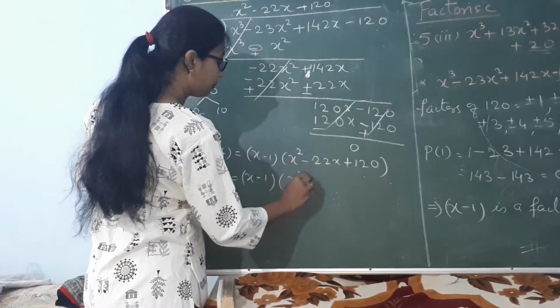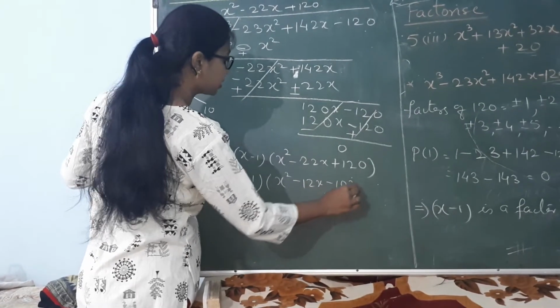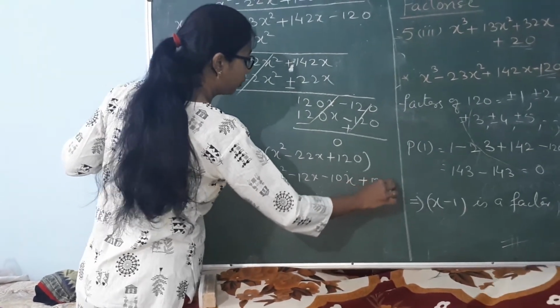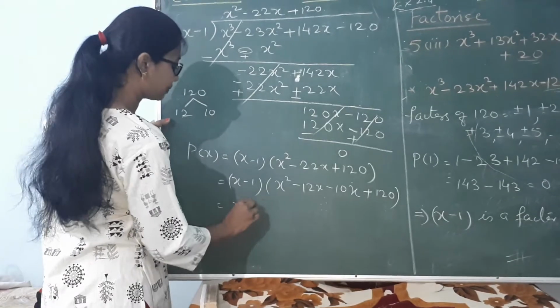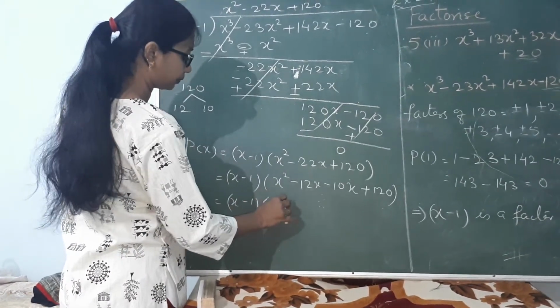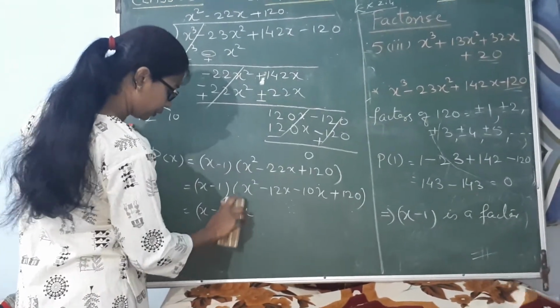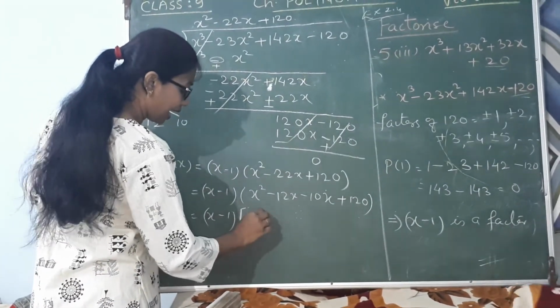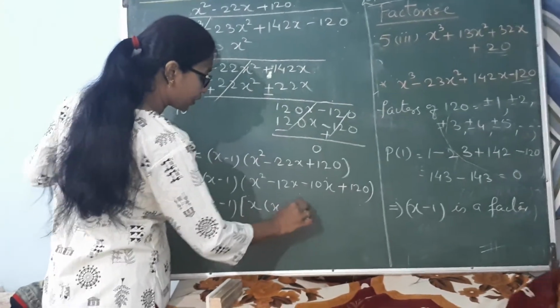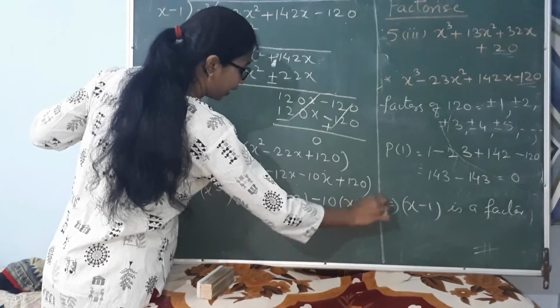x square minus 12x minus 10x plus 120. x minus 1, x is common. Put another bracket. x is common, x minus 12, minus 10 is common, x minus 12.